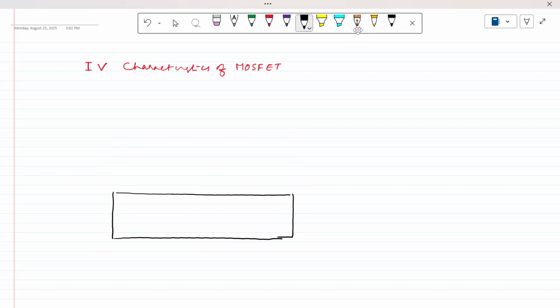Then what is the next thing that we have to take? A very, very important one is the gate oxide.